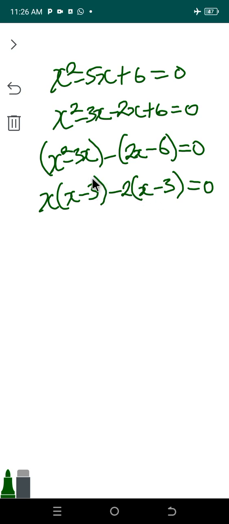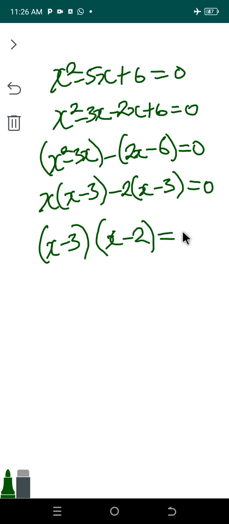So let's take the common factor x minus 3 in the bracket outside, x minus 3 close. So we are left with x on this side, we are left with minus 2 on this side. So let's open the bracket and say x minus 2 is equal to 0.